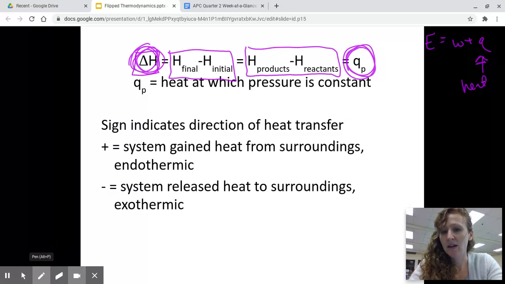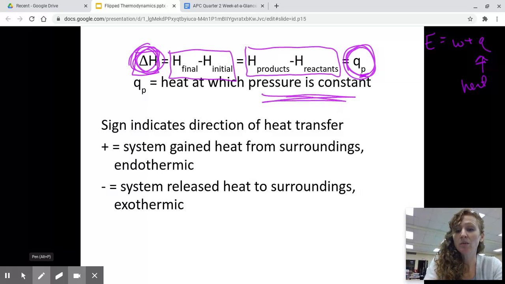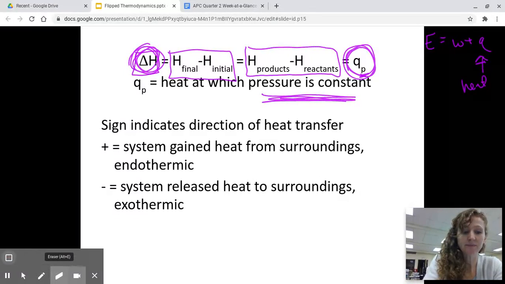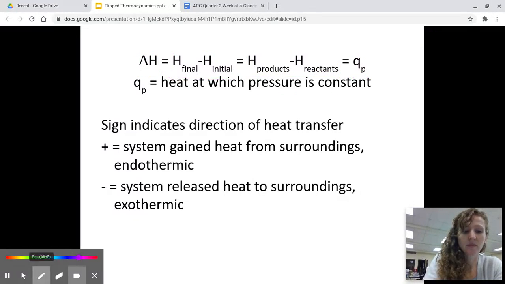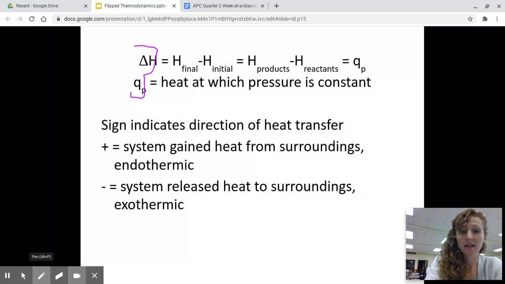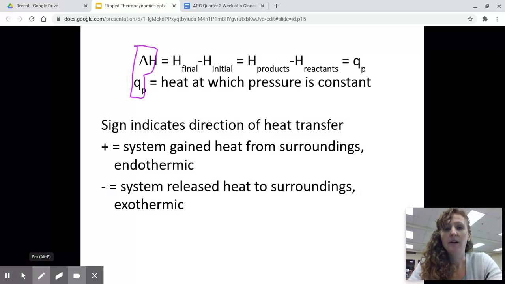And when they give that subscript of P, that P means heat under a specific condition of pressure. And so in order to talk about enthalpy, it needs to be heat when pressure is constant. So you might see it as delta H, you might see it as QP. They mean the exact same thing, either way.